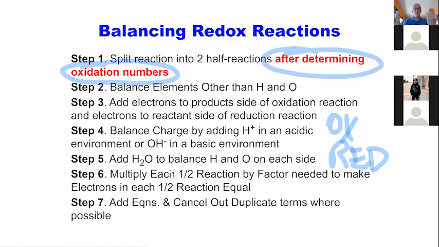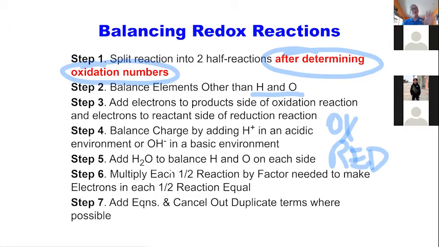Then, once we have our two reactions, we balance all the elements other than hydrogen and oxygen, because we'll get to those later. So if we have one copper on one side and two coppers on the other side, we balance those out. Then we figure out how many electrons are involved. So if one element increases its oxidation number from 0 to, like, say, +5, that means it's lost 5 electrons.